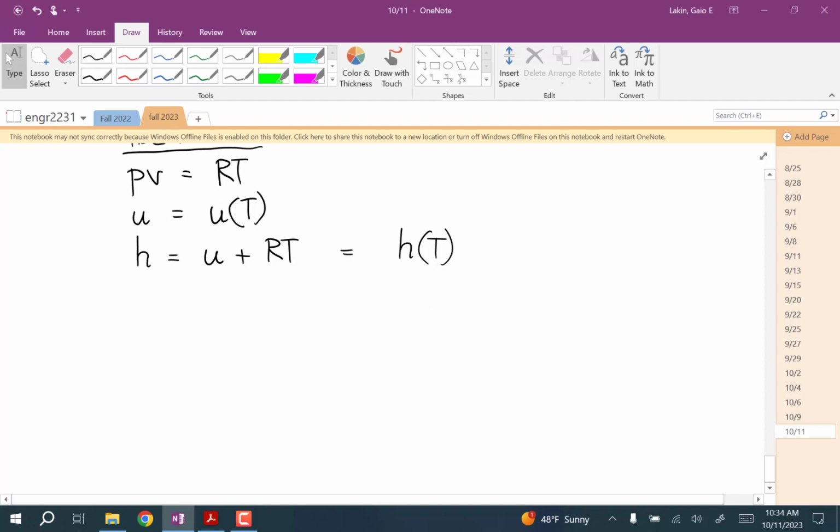And for the specific heats, because of these two relationships, we can simplify Cv as the total derivative of U with respect to temperature, which means that you can write du as Cv dT.